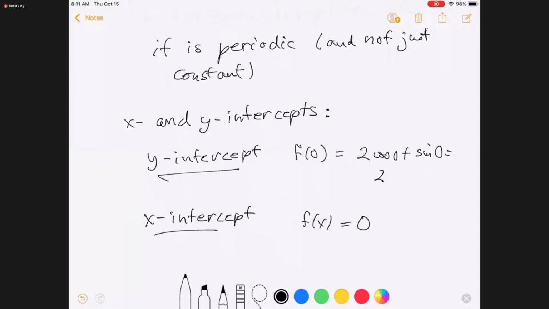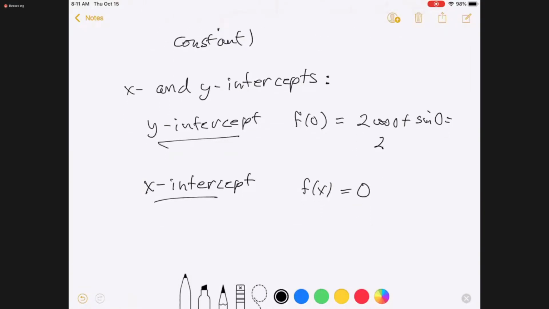This is places where the graph's going to cross the x-axis, and that says that 0 is 2 cosine of x plus the sine of 2x.